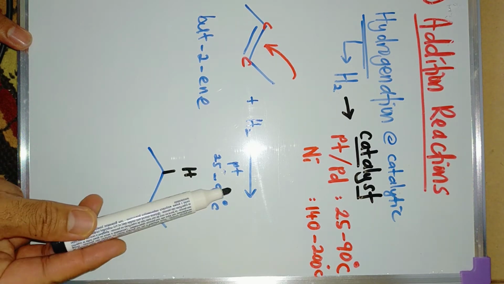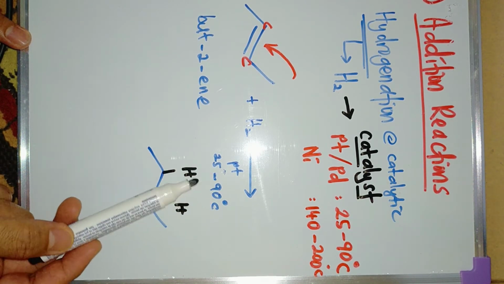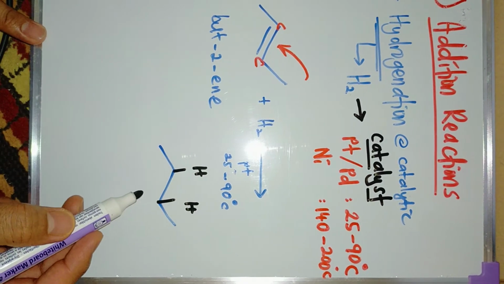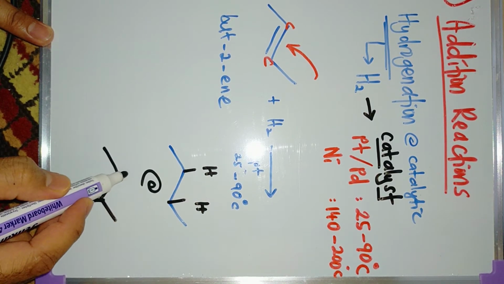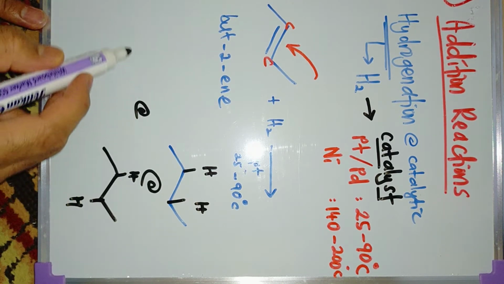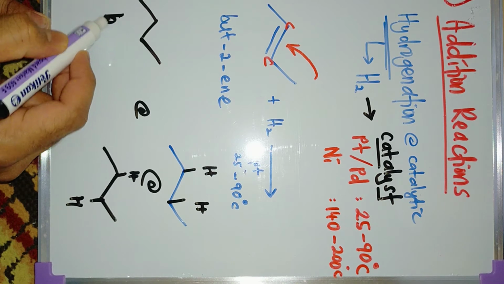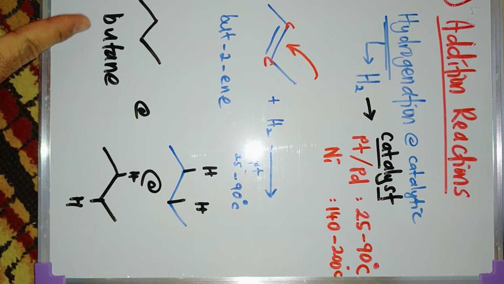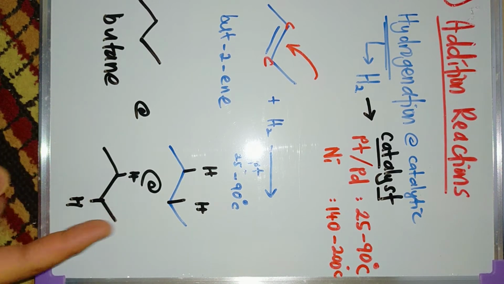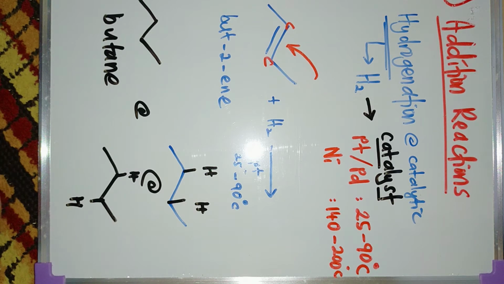But remember, the catalyst is very important. Either they give you platinum, palladium or nickel, and you need to state the temperature at the same time. Some ask me, sir, is it possible to draw one hydrogen below and one hydrogen above? Or, sir, I see that it turns from alkene to alkane, so from butene to butane only. Do I need to put the hydrogen? All three answers are accepted, no problem, since your product is alkane. But for me, it is better that you draw the hydrogens in the early stage of practice, because it makes understanding easier.